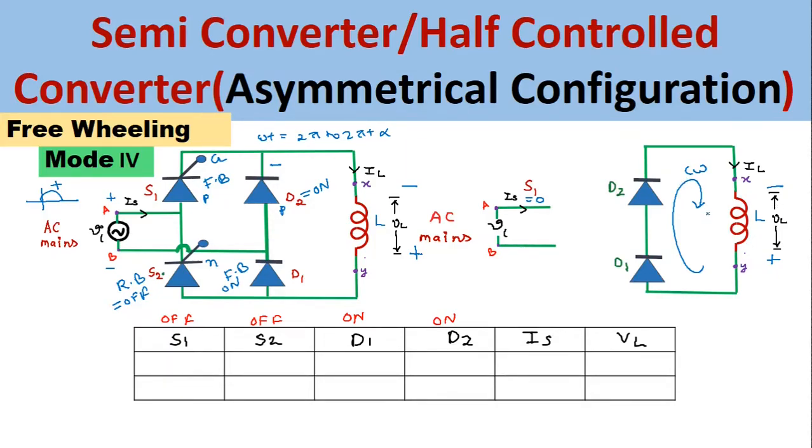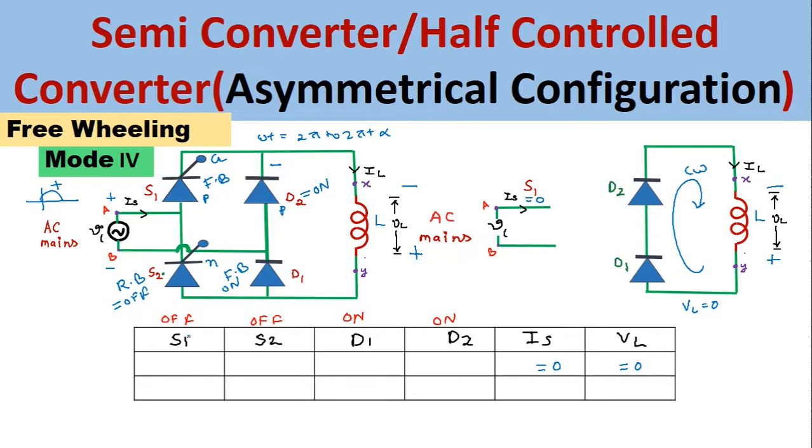So this load current will flow until this inductor is discharged through these diodes D1 and D2, and since D1 and D2 are acting as a short circuit, this short will come across the load, therefore the load voltage will be equal to 0 in this mode of operation. As the current is circulating inside this loop, this process is called the freewheeling process. So load voltage will be equal to 0, source current will also be equal to 0.